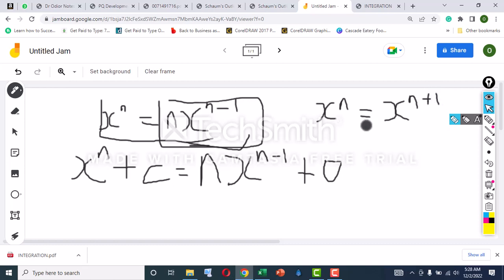And in differentiation you are always multiplying by the n, but here you are going to divide by n, and it will not just be the n, it will be n plus 1. So this is the general formula for integration. Whenever you are given x raised to power n, it's going to be x raised to power n plus 1 over n plus 1.